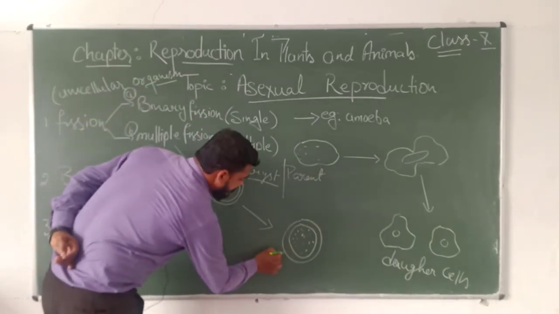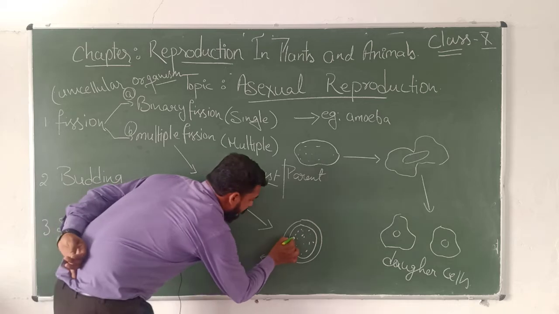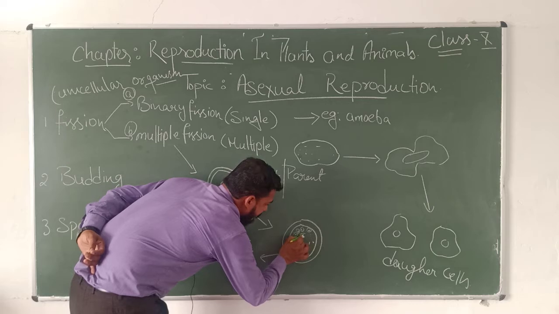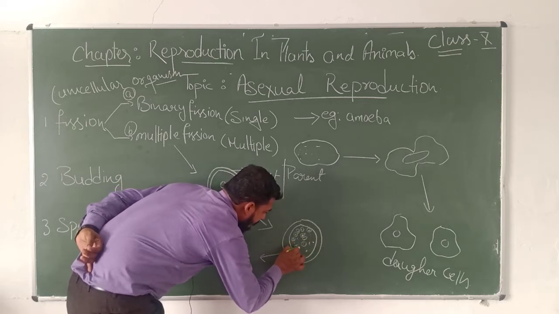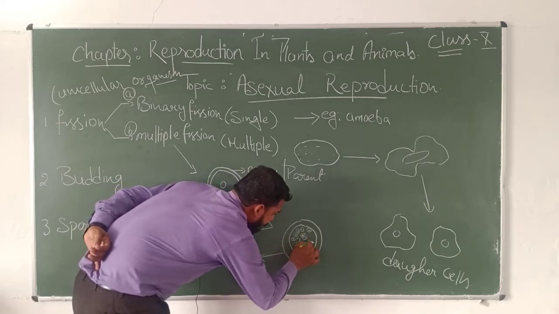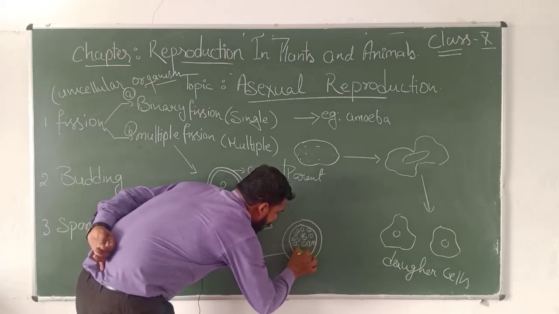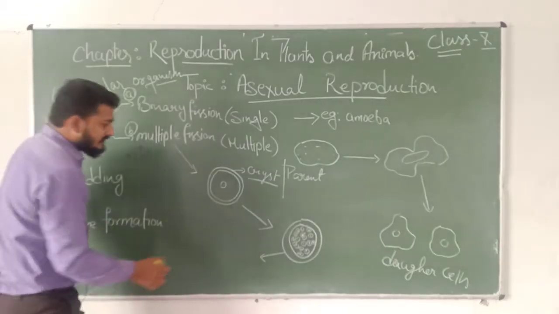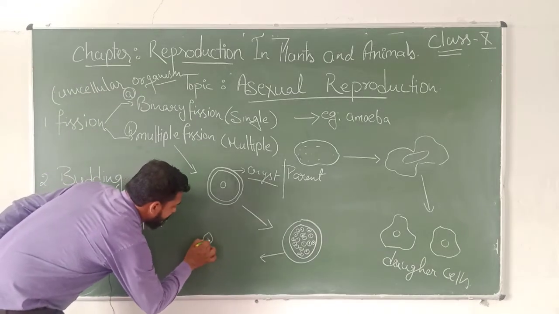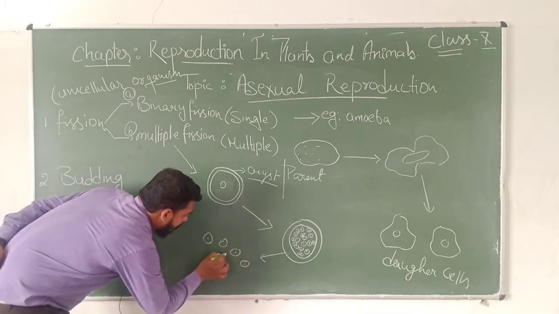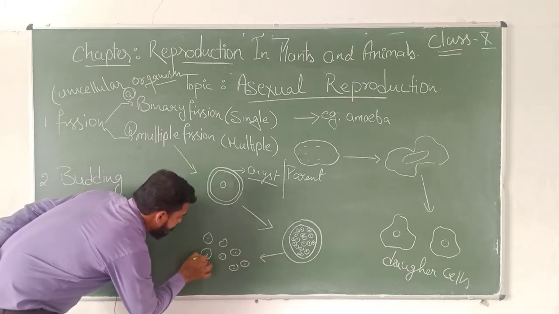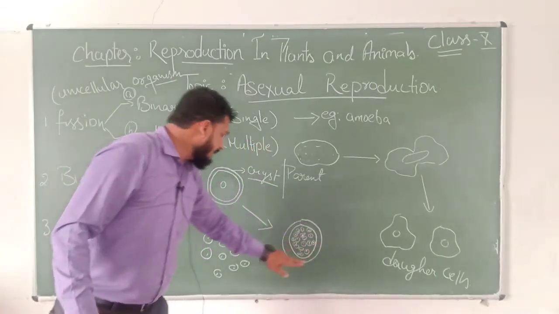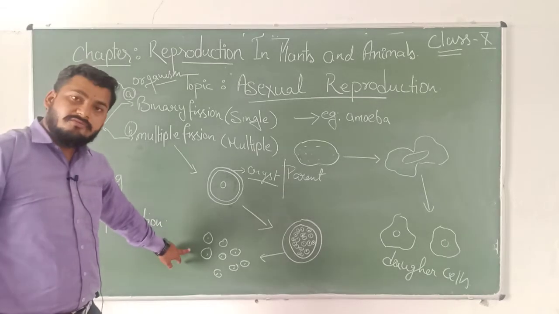After this, each nucleus will bind with a small cytoplasmic material, and we see a number of young cells or daughter cells. Here only 2 daughter cells are formed, and here many daughter cells have been formed.